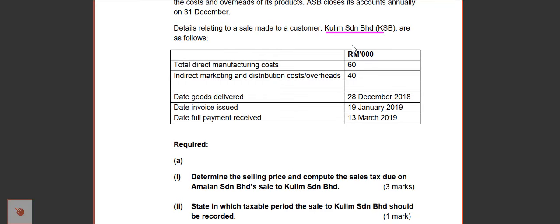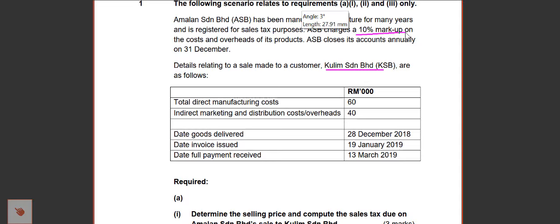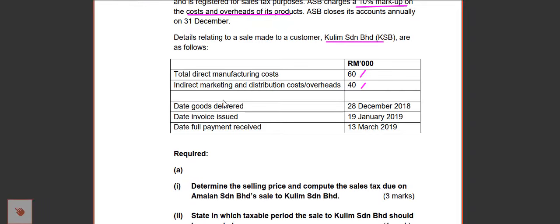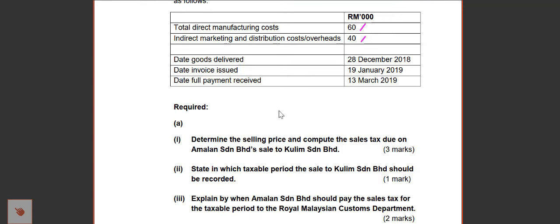Now, they didn't tell you the amount they sell, but they mentioned that there is a 10% markup, and the markup is on the cost and the overhead, so you know what they charge. So the cost, the overhead. And then they mention to you that the goods are delivered, the date of the invoice, and the full payment being received.